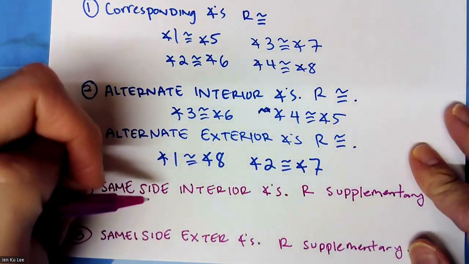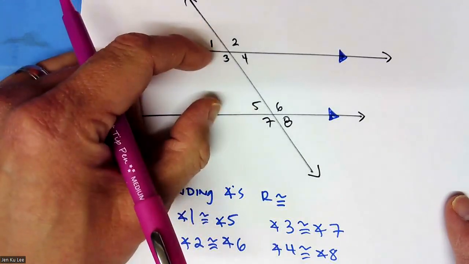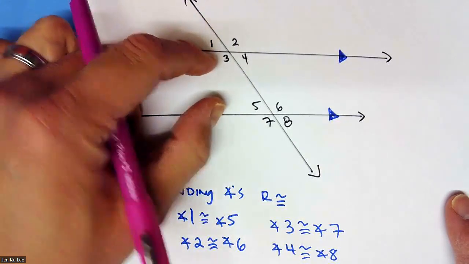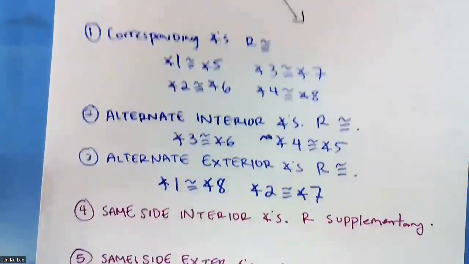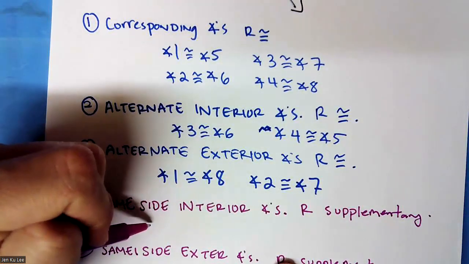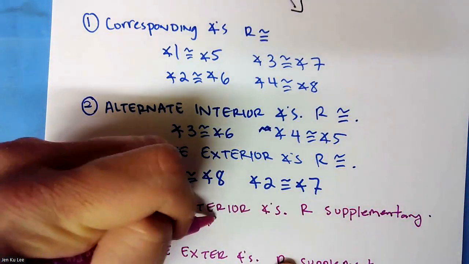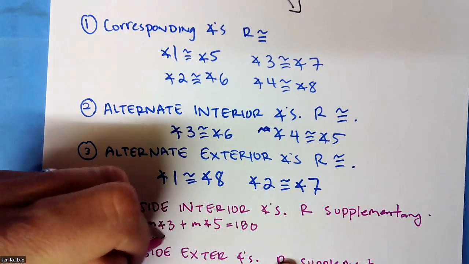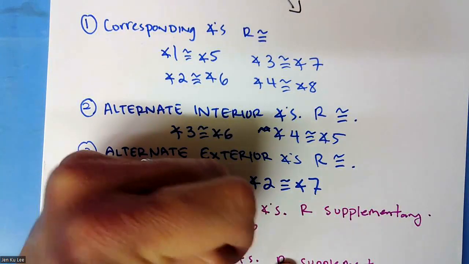So here, angle 3 and angle 5 are on the inside, and they are on the same side of the transversal, right? So inside of the parallel lines and on the same side of the transversal. So they are same side interior angles. So the measure of angle 3 plus the measure of angle 5 equals 180, along with the measure of angle 4 plus the measure of angle 6 also equals 180.